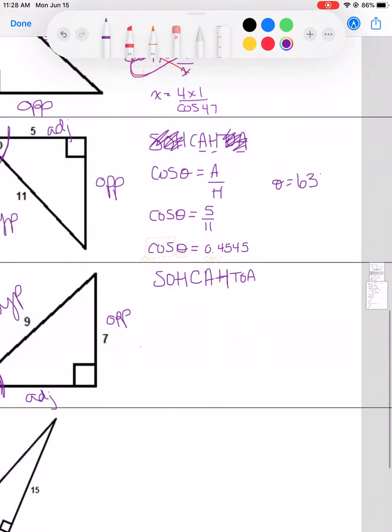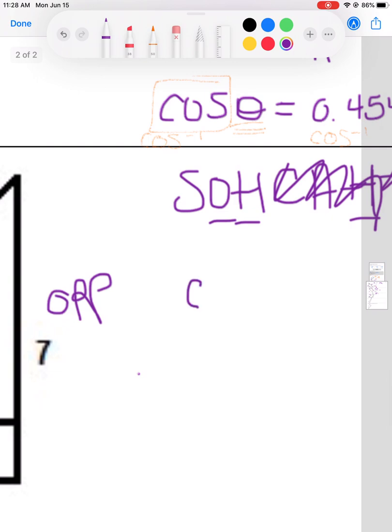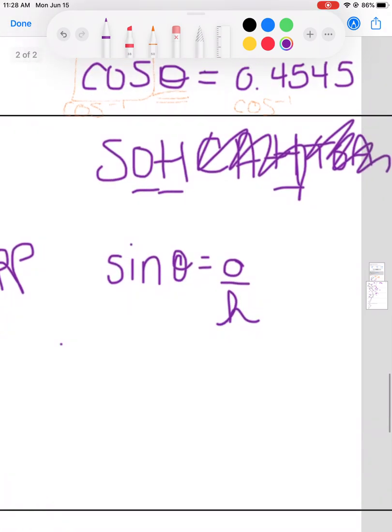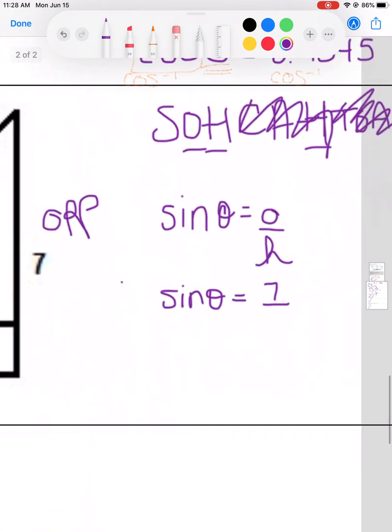Less work for you. So we're solving for an angle again. We have our hypotenuse, so see you later, tan. We have our opposite, so see you later, cos. Sine theta is equal to opposite over hypotenuse. So we're solving for our angle. Opposite is 7. Hypotenuse is 9.